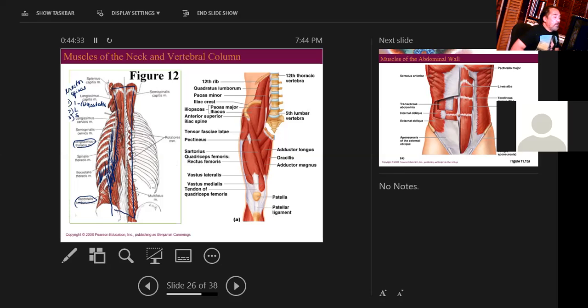So I got an iliocostalis here at the lumborum, and sometimes you got an iliocostalis here at thoracis, because remember it's just telling you the position of the muscles. Okay, so I got L, longissimus, and then the last is going to be S, your spinalis.